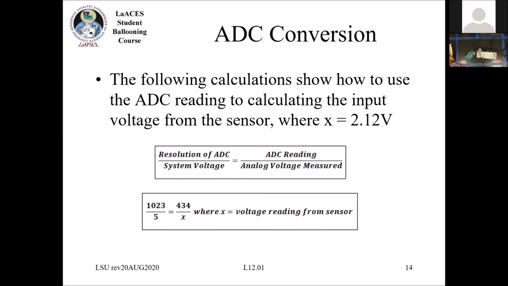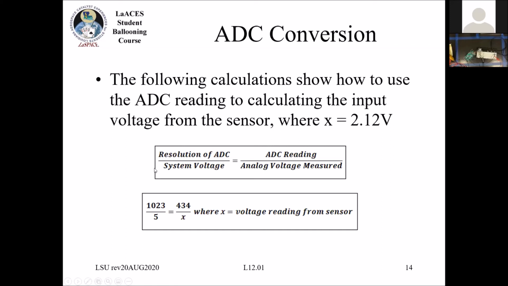So how do you convert? Like I said, you basically take the full span and divide it over the number of individual measurements. So our resolution of the ADC is 1024, or 1023 in this case, because 0 is what we're assuming.